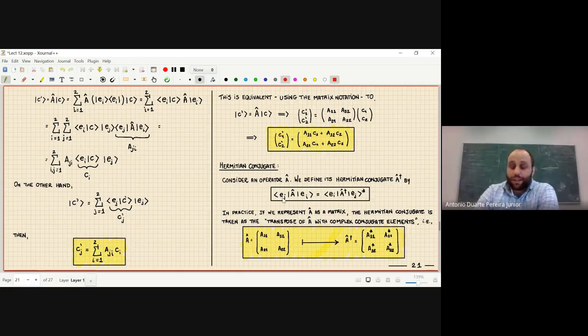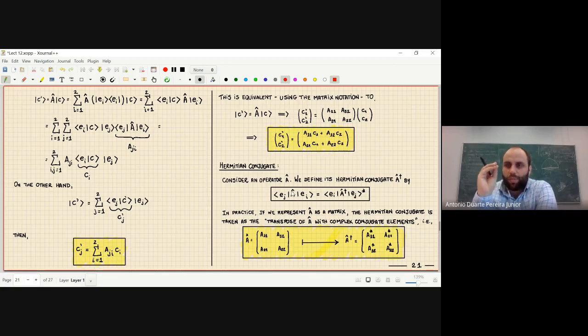If I have the sandwich e_j A hat e_i, this is a number, and this number is equal to the complex conjugate of the number e_i A dagger e_j, where A dagger is the Hermitian conjugate of A. Namely, this is the operator such that when I compute this number and take the complex conjugate, I will obtain this result here. So this is a very abstract definition.